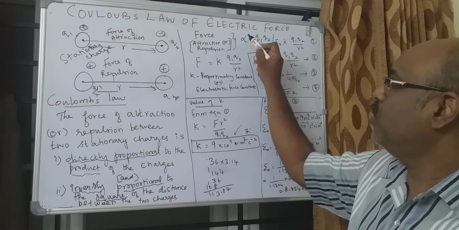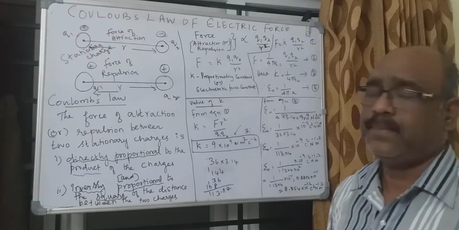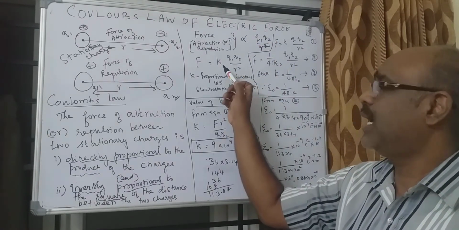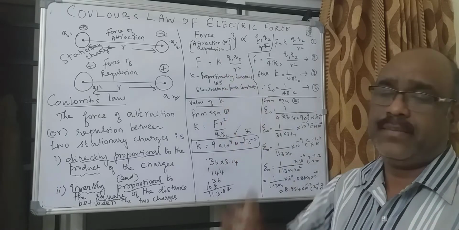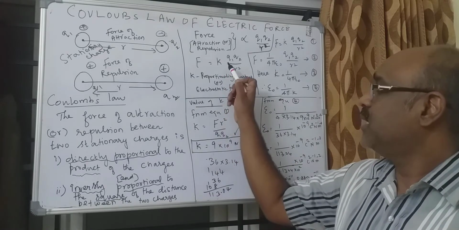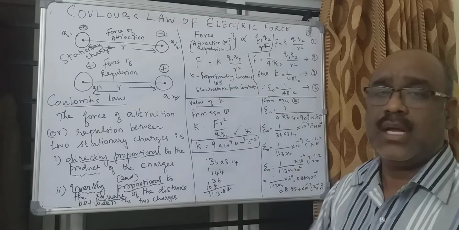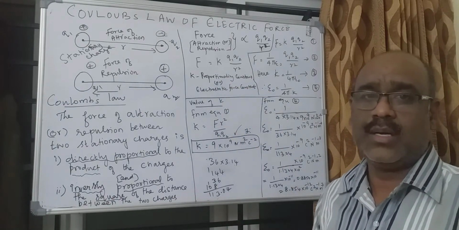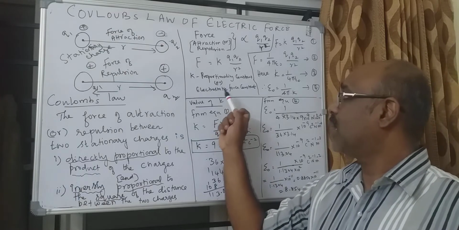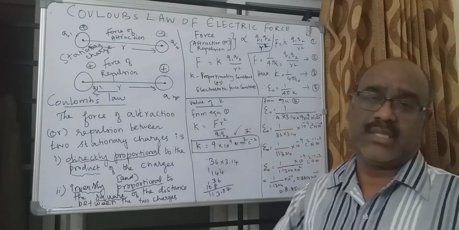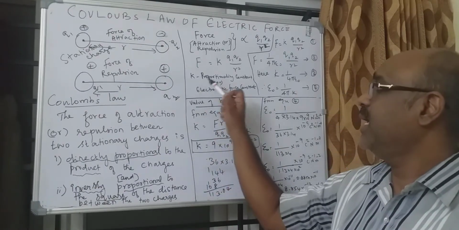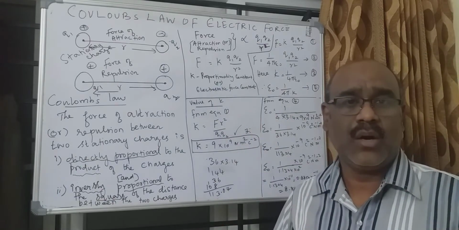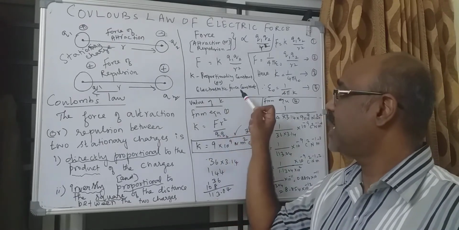Now to remove this proportionality symbol, I am introducing a constant called K. So this K is the proportionality constant, or it can be known as the electrostatic force constant.